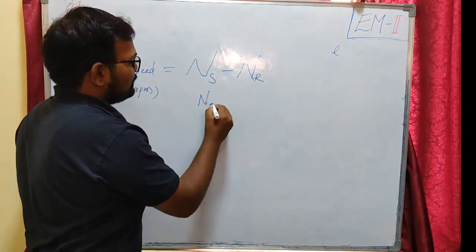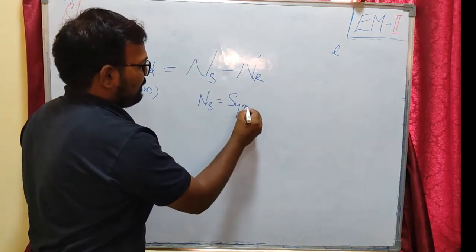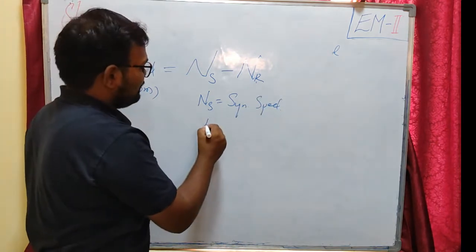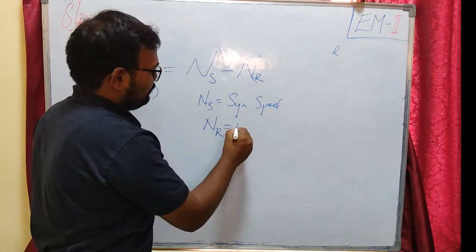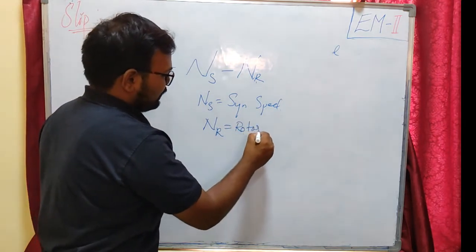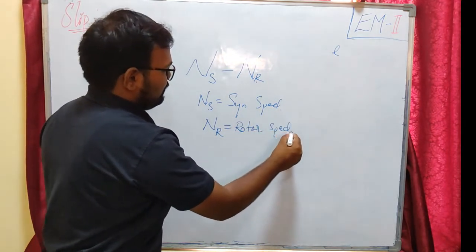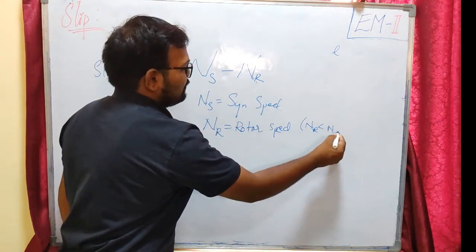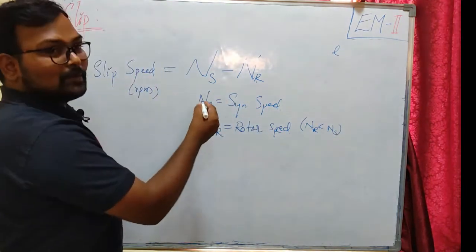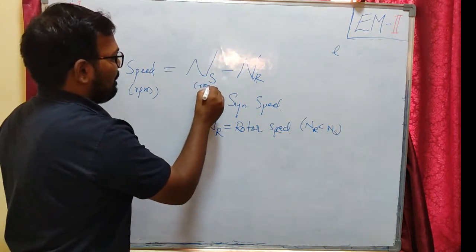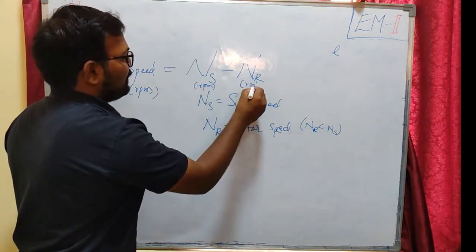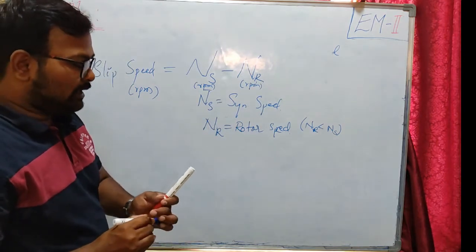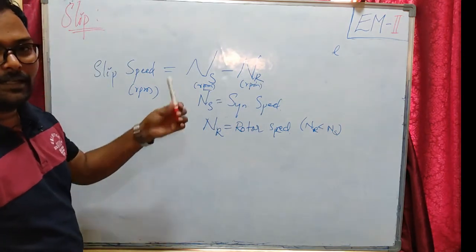Here Ns is synchronous speed and Nr is the rotor speed of the machine. As I already told you, Nr is always less than Ns. So this is slip speed. Ns is in rpm and Nr is also in rpm. Rpm means revolutions per minute: in one minute, how many revolutions it makes.